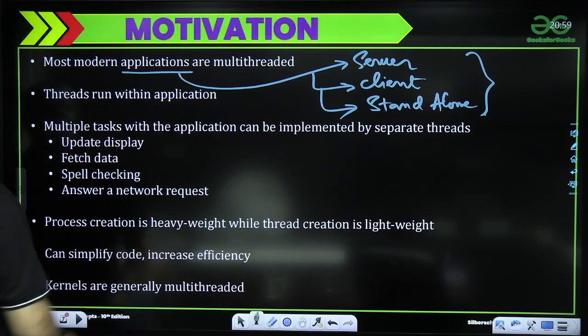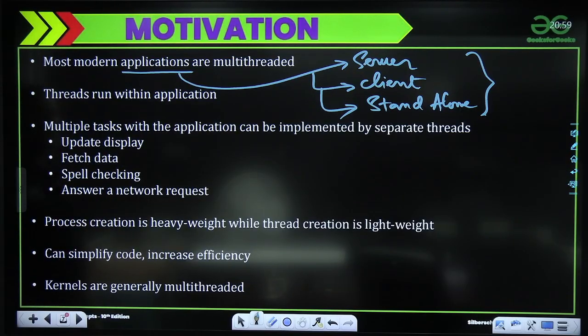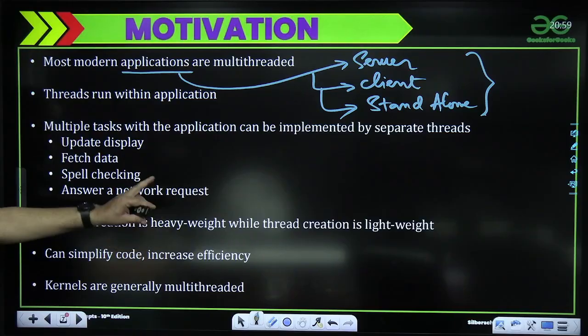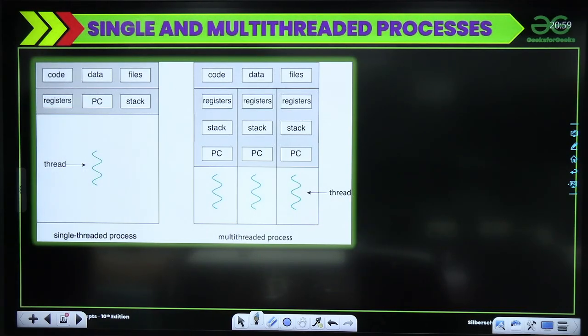Threads may run within a process, within an application. Like these are the different things that happen in traditional multi-threading. But before I come to that, process creation is heavyweight while thread creation is lightweight. It can simplify the code and increase efficiency. These are the basic motivating reasons for going in for multi-threading. So this is what I am trying to say. This is a traditional heavyweight process.